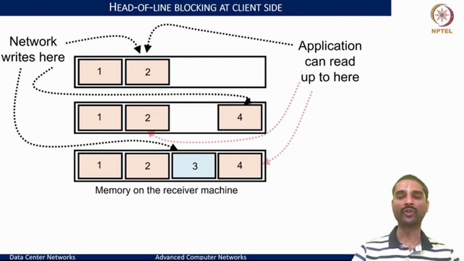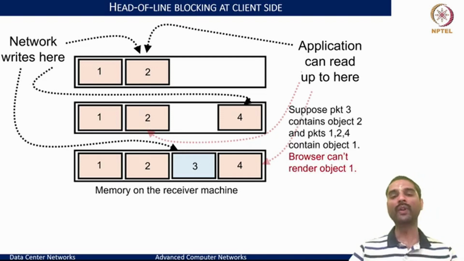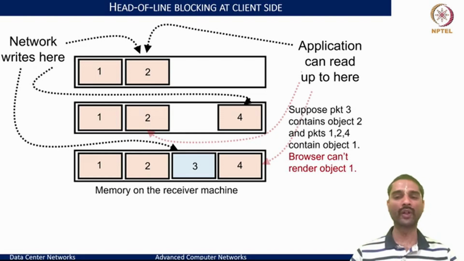So what this essentially means is we are blocked because of the head packet, that is packet 3, not being there to make the sequence complete. From the application point of view, the browser is not able to render object 1, which consists of packets 1, 2, and 4, which it already received, because of the missing packet 3, which was for another object.